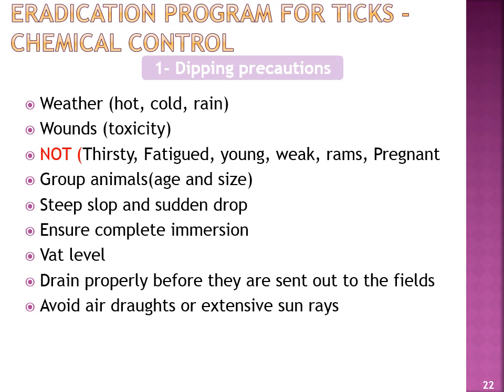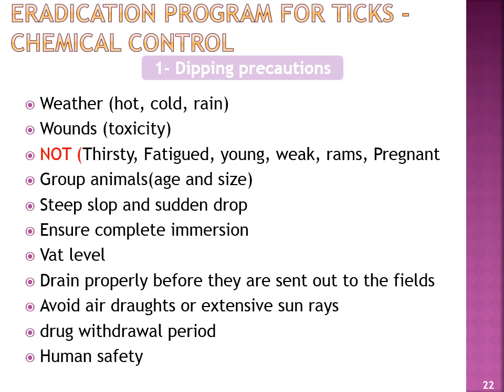Of course, we have to be sure of the steep slope and sudden drop of the animal to ensure that all the animal's body and head are completely immersed in the dipping solution. The most important thing is to avoid wind and extensive sun rays when choosing the day of the dip.